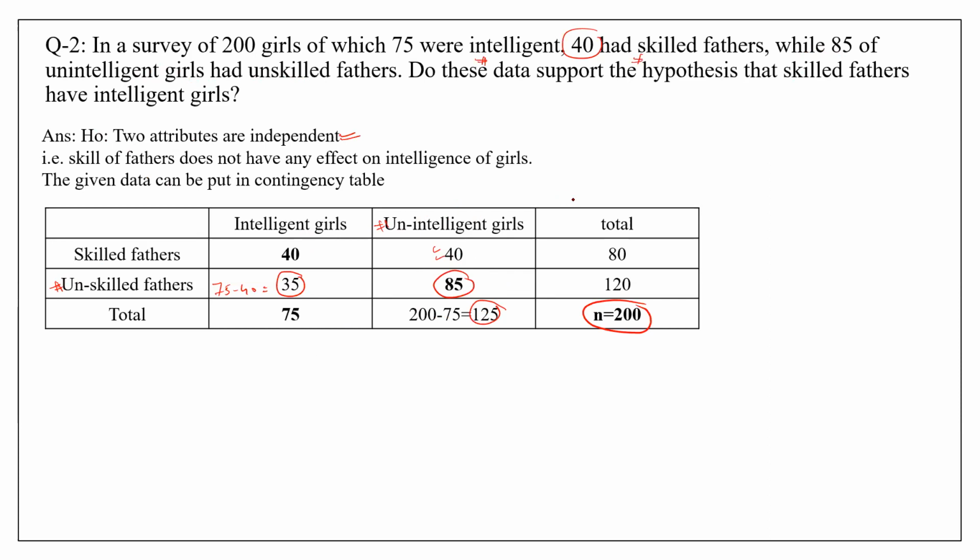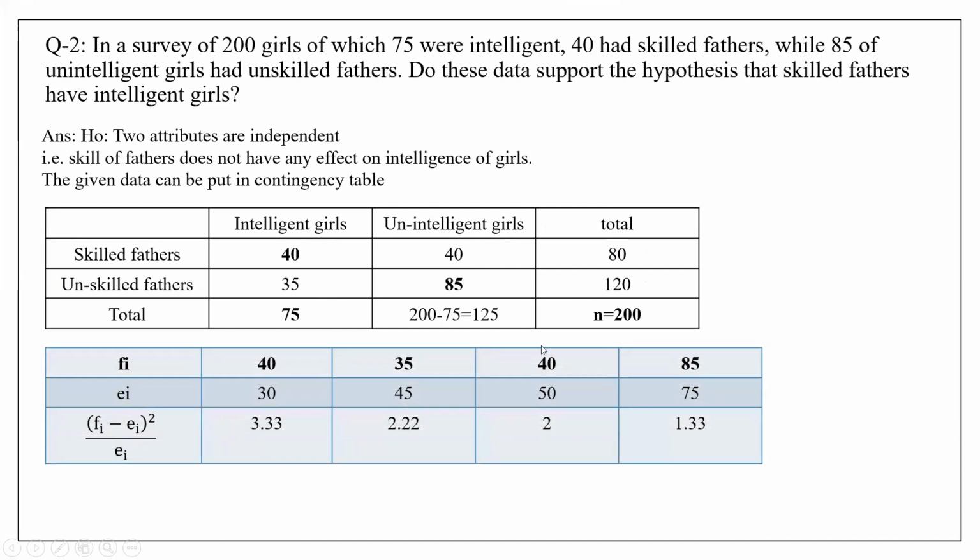Now once you have filled all the data, take the row addition, which is 40 plus 40, 80. 35 plus 85 is 120. And this addition also you have to take, which is 75 and 125. So this contingency table you have to put based on this data. These are your observed frequencies.